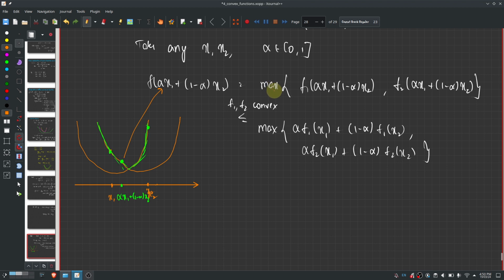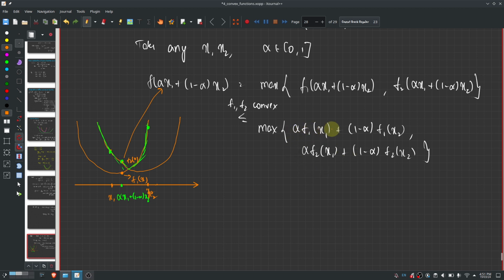This is equal to the maximum of f1 of alpha x1 plus 1 minus alpha x2 and f2 of alpha x1 plus 1 minus alpha x2. So this is my f2, whereas this is the value of f1 evaluated at the same point. This is my f1 of x, this is f2 of x. This is less than or equal to the maximum of these two quantities because each of these is convex, right?